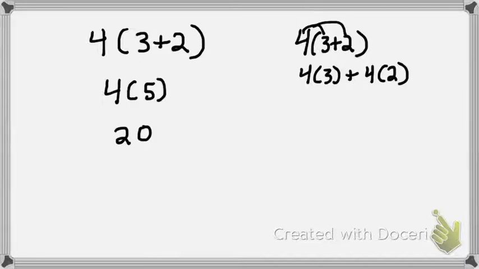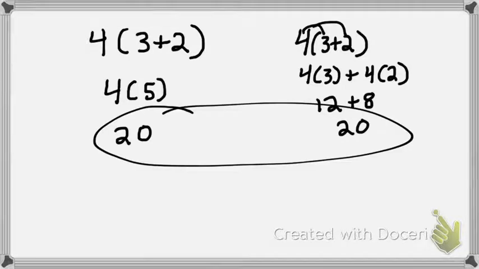So what we're doing is taking that number on the outside, that 4, and distributing it via multiplication to everything on the inside of the parentheses. So 4 times 3, 12, plus 4 times 2, 8, and 12 plus 8 is 20.